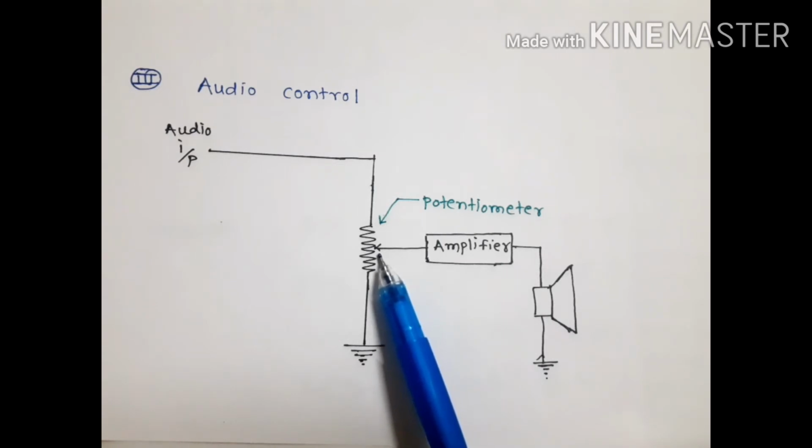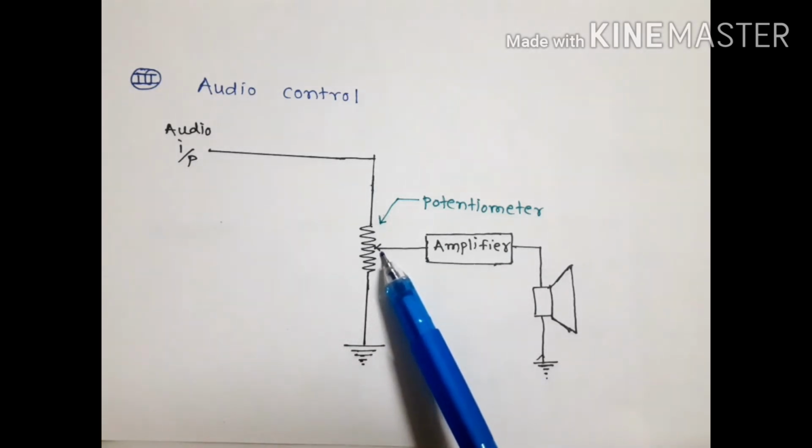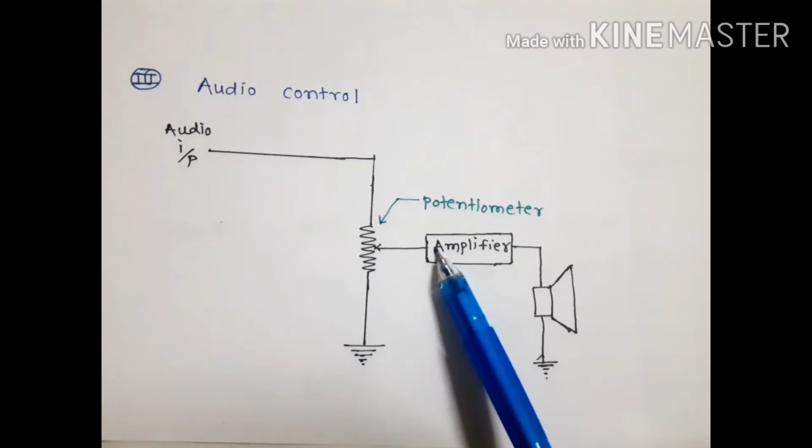We know the principle of the potentiometer: as the distance between 2 points goes on increasing on the potentiometer wire, the potential drop across those 2 points goes on increasing. The potential difference across any 2 points on the potentiometer is directly proportional to the distance between them. Here the slider is connected to the amplifier.